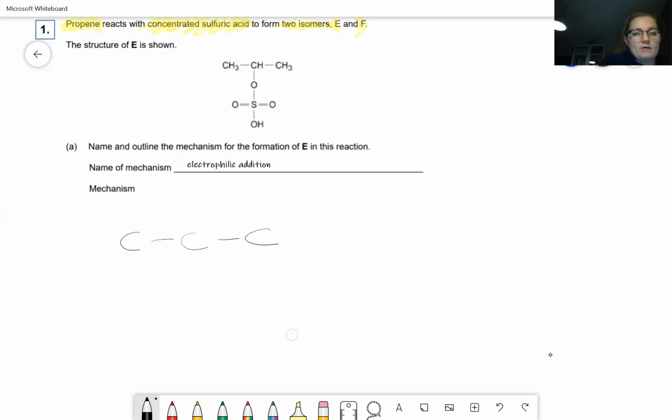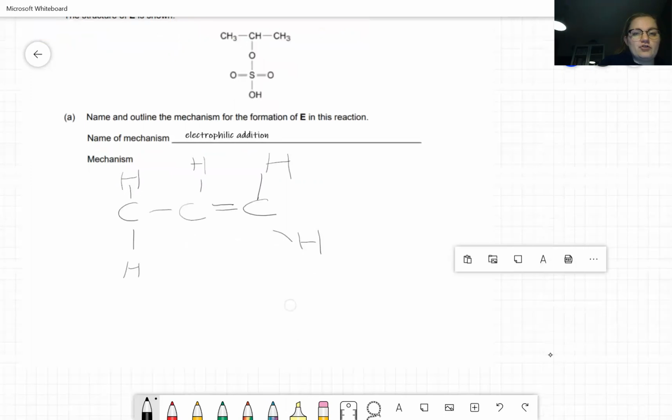We know we're going to have a carbon-carbon double bond somewhere, so let's add that on there. And we're going to have hydrogen, hydrogen, hydrogen, hydrogen. So that is our propene there, and it's going to react with concentrated sulfuric acid.